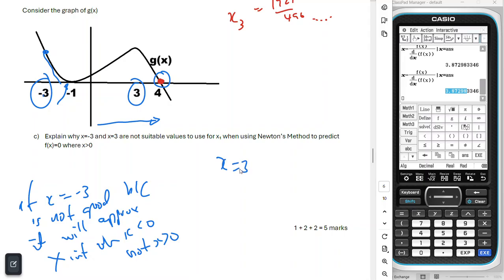And the problem when x equals 3 is the gradient at x equals 3 is equal to 0.